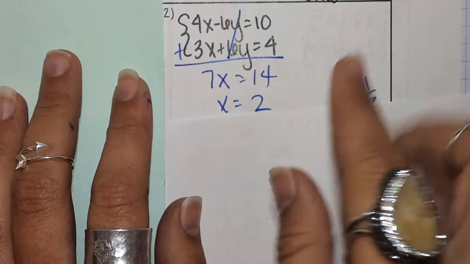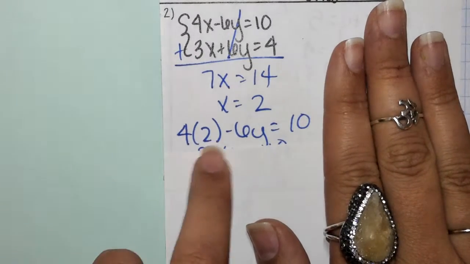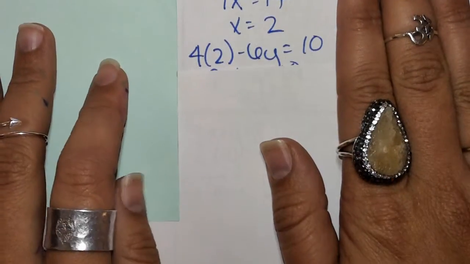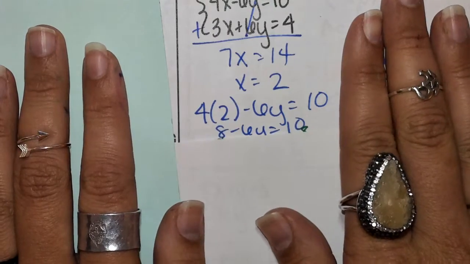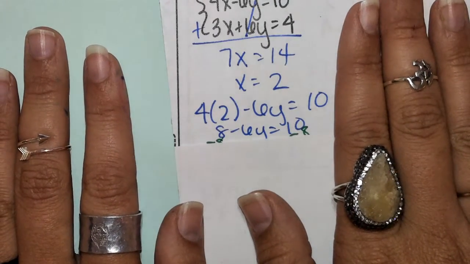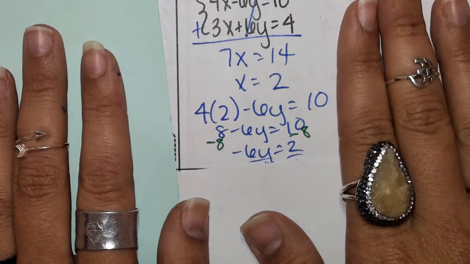We're on the same page so far? And then I plugged it in right here, okay? And I got 4 times 2 minus 6y equals 10. Are we together so far? Yeah. And then I got 8 minus 6y equals 10. And then it's a positive 8, so I subtracted. Correct? And you got negative 6y equals 2?